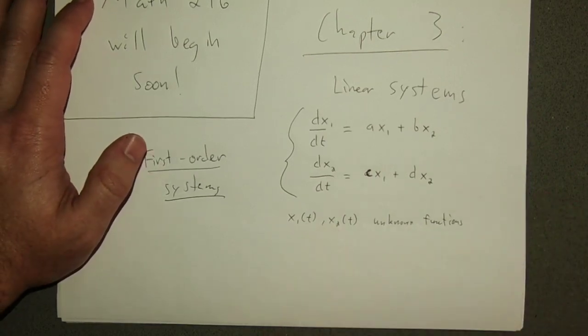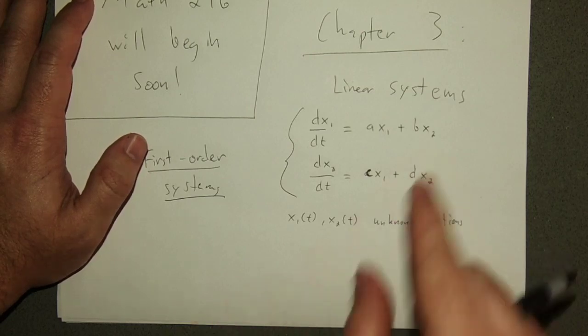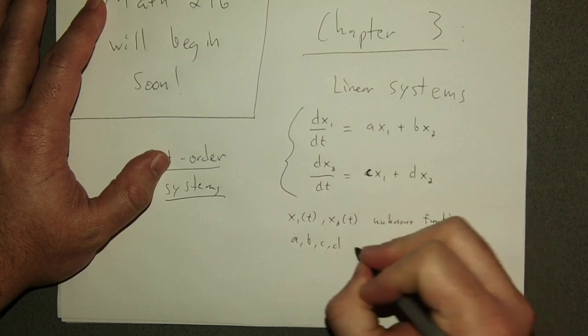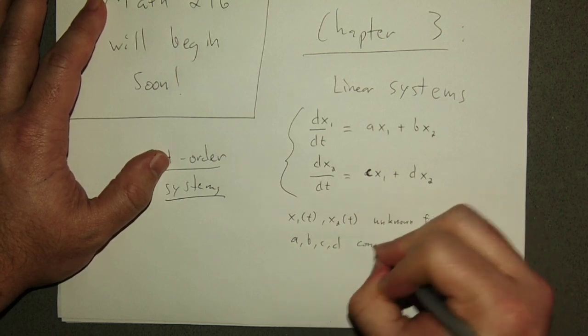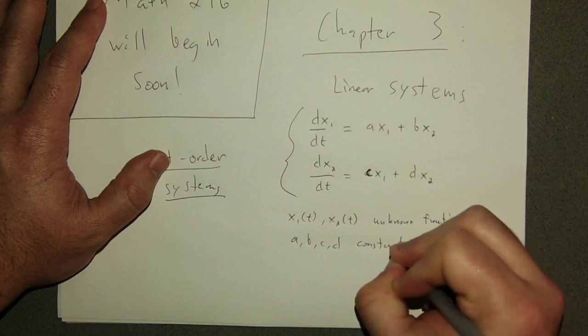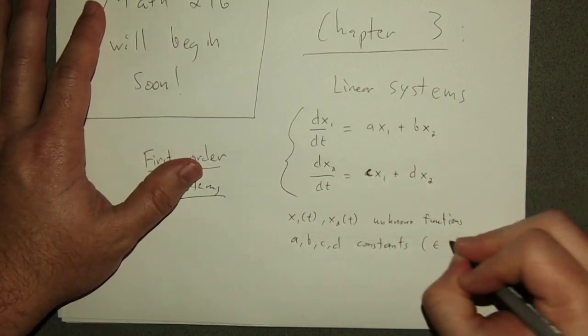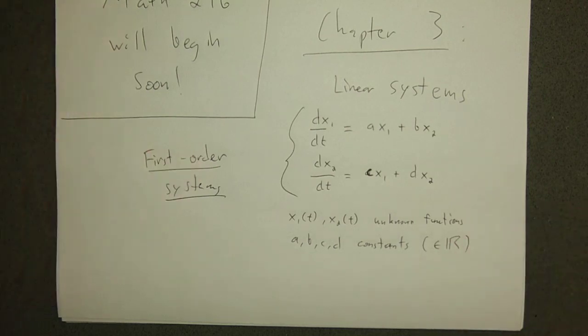So we have two unknown functions, x sub 1 and x sub 2, that we seek. And these quantities a, b, c, and d are constants, real constants, so all of them are just some real numbers. Our linear systems look like this.